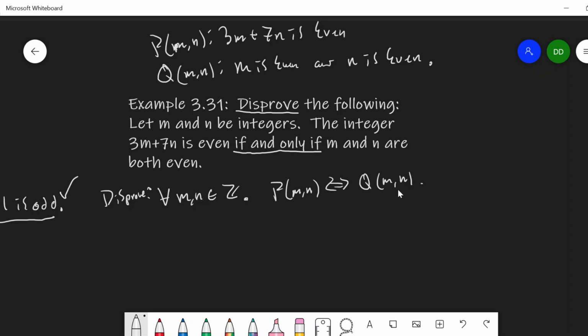Remember that this biconditional is equivalent to P of m,n implies Q of m,n, and Q of m,n implies P of m,n. So in order to disprove this, I just need to show that not both of these implications are true. I just have to show one of them is false.